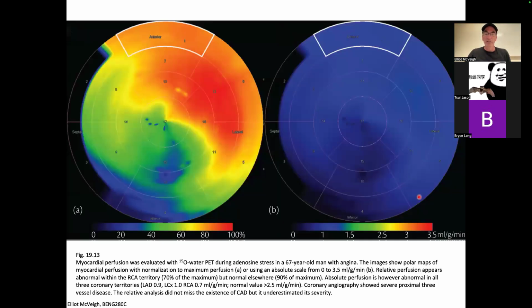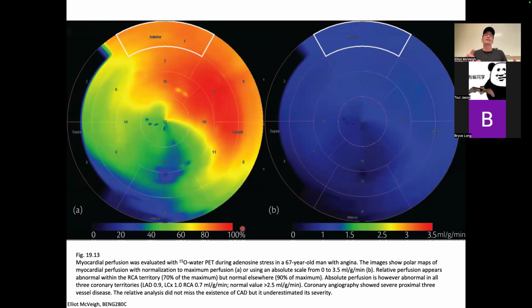Okay, so here, this is again O15 water. So it's a positron emitter that now is in a water molecule. And what you can do is make an estimate of relative amount of flow as a function of position in the myocardium.